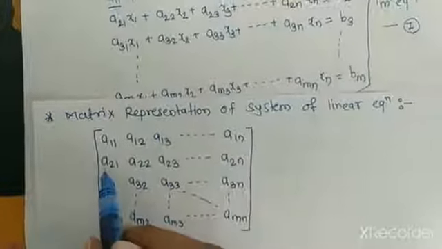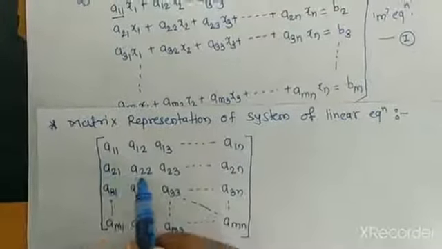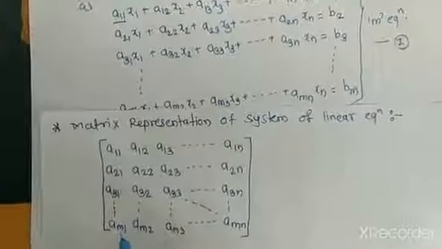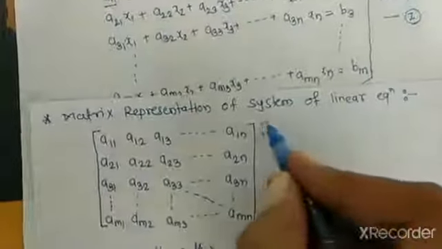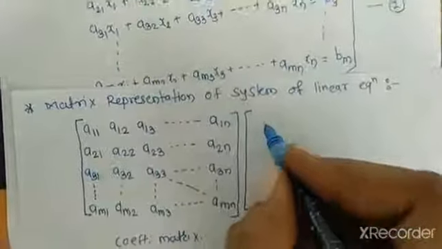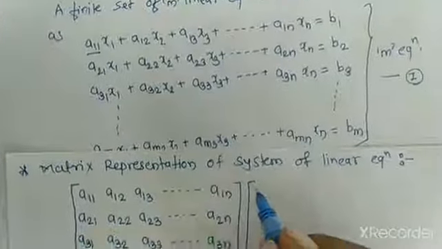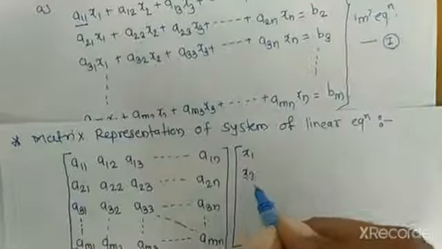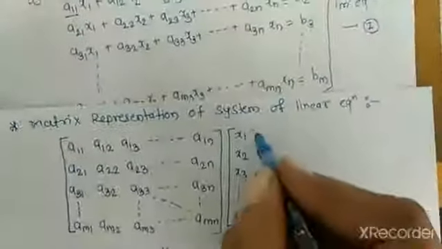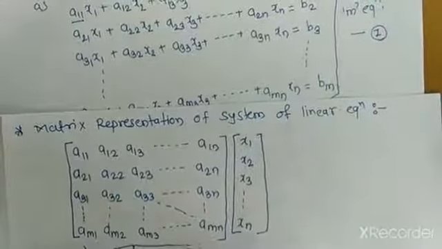The second row is the coefficients of equation 2, which is a21 x1, a22 x2, a23 x3 up to a2n xn. Similarly the third and last rows. Now the second matrix is the variable matrix, in which the variables in the system are x1, x2, x3 up to xn. This is our variable matrix, and that is our coefficient matrix.